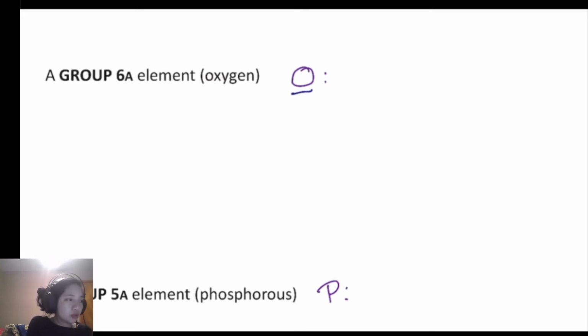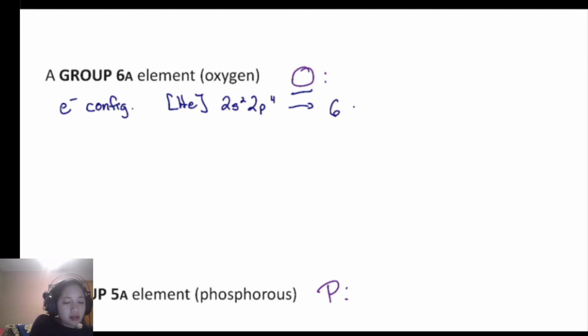I would probably first write out its full electron configuration. Well, I'll cheat and do the noble gas configuration. It's helium, because I don't care about the inner shell, so it's helium 2s2 2p4. If you look at this, there are 6 valence electrons. So that means we want 2 electrons to fulfill the octet.